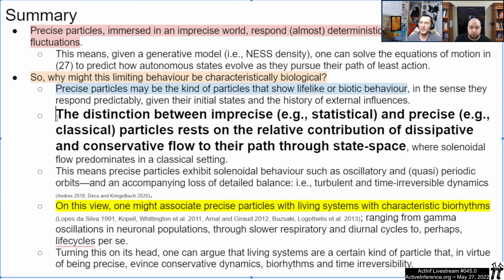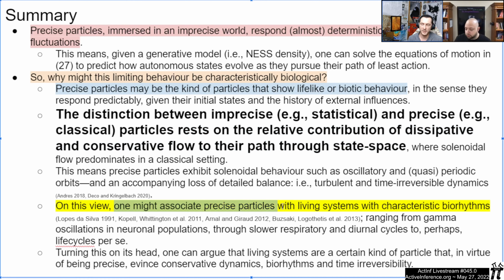So the distinction between those imprecise and precise particles getting buffeted by thermal vibrations, or being like the classical Kepler universe, like the planets going around orbits totally unbuffeted by thermal vibrations, rests on the relative contribution of dissipative and conservative flow to their path through state space.